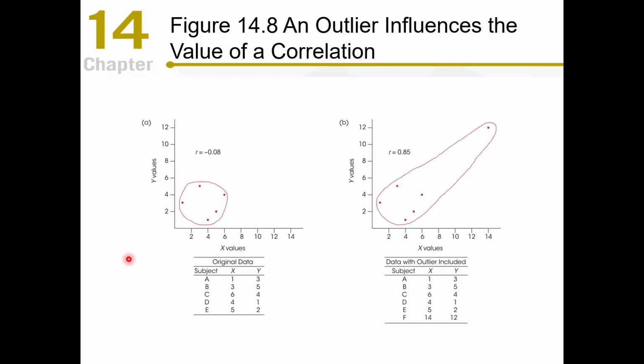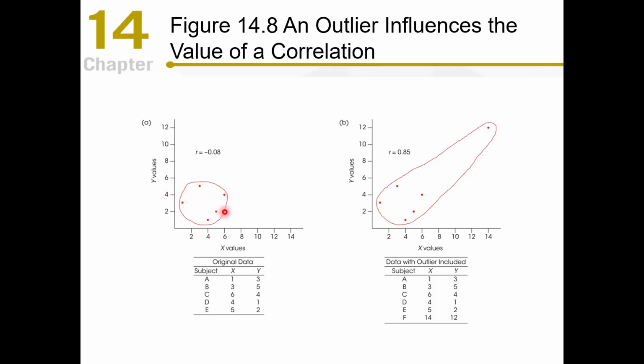All right. So for instance, here is our original data, A through E. The correlation coefficient here is negative 0.08. And so you see that it is slightly slanted down to the right.